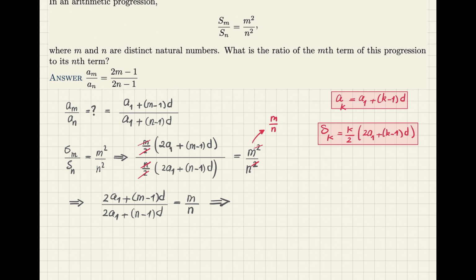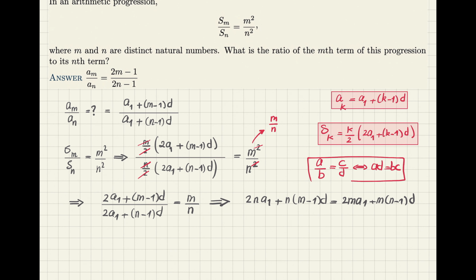So then this implies that 2n a1 + n(m - 1)d is equal to 2m a1 + m(n - 1)d. Yes, so I use this rule that if a fraction is equal to another fraction, this happens if and only if a times d is equal to b times c. So I'm using this relation here.